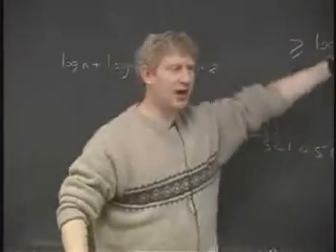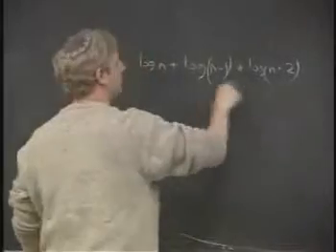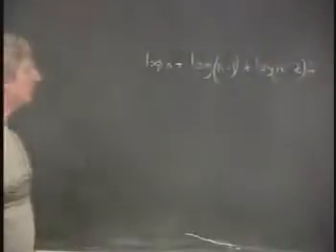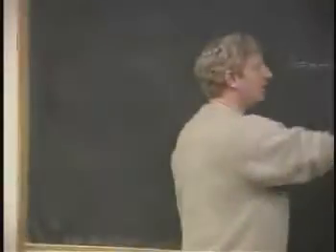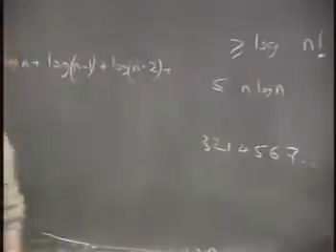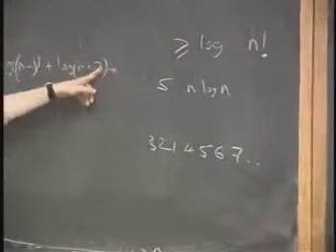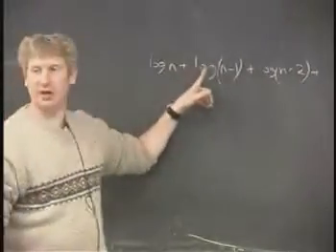Because I spread the log over the multiplication and I add the pieces up. So this is going to be smaller than n log n, because I have n pieces, each of which is log n or smaller.